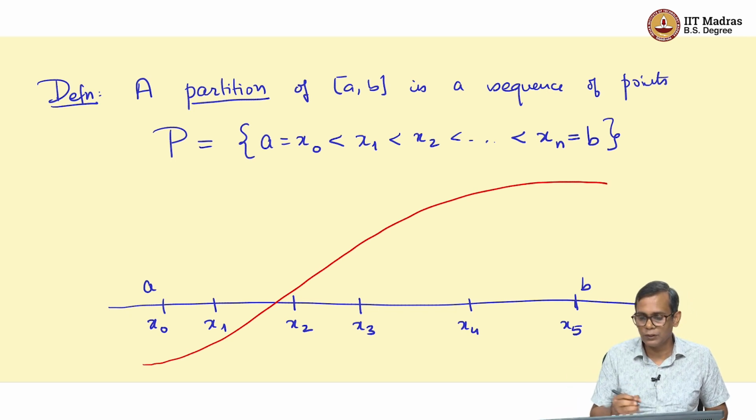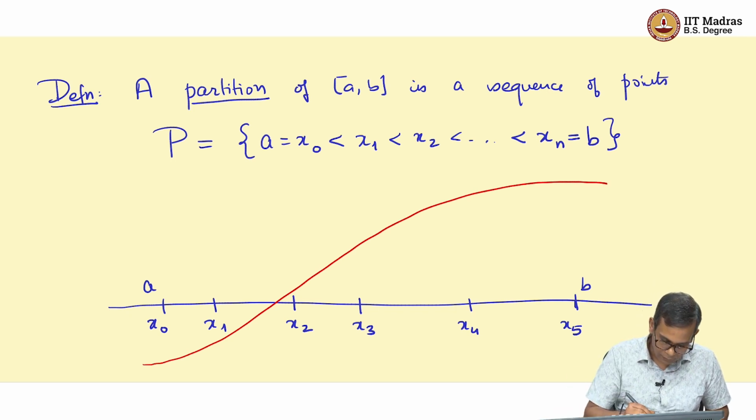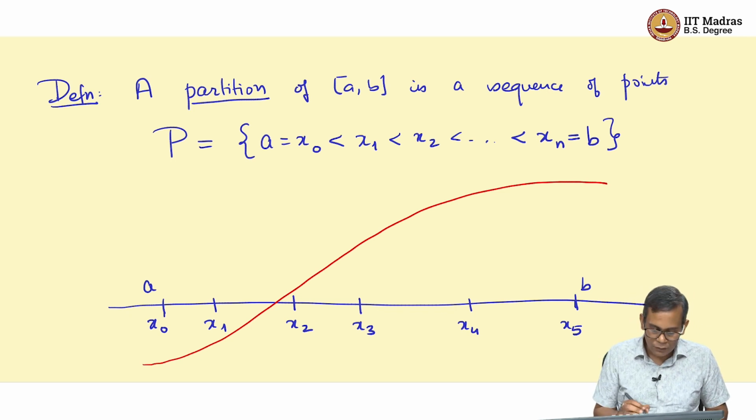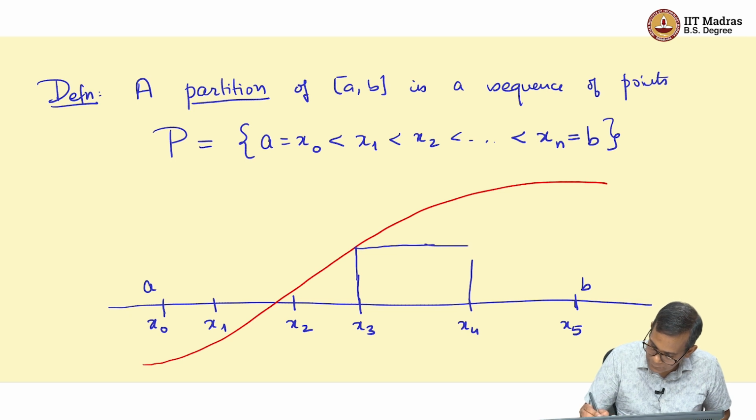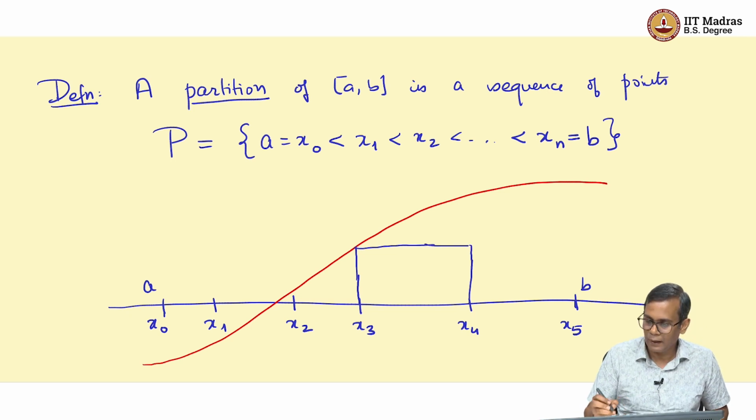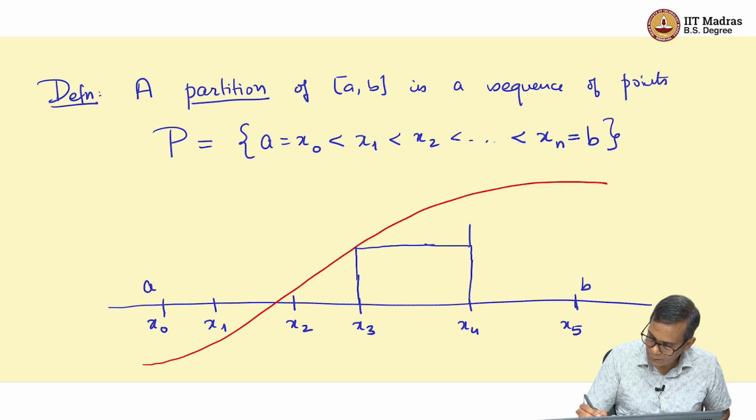Then I can try to approximate this area, find upper and lower bounds, as follows. So I want to find, say, an upper bound. Let's take this region between x3 and x4. Here I can get a lower bound as the area of this rectangle, and I can get an upper bound as the area of this slightly larger rectangle.